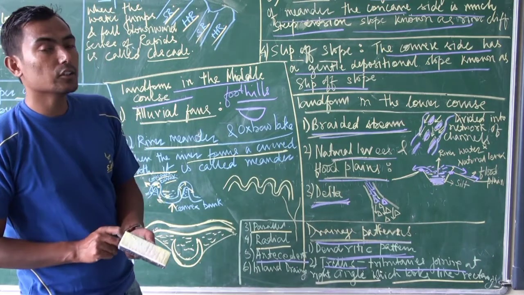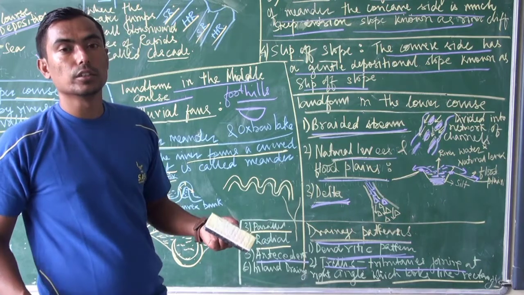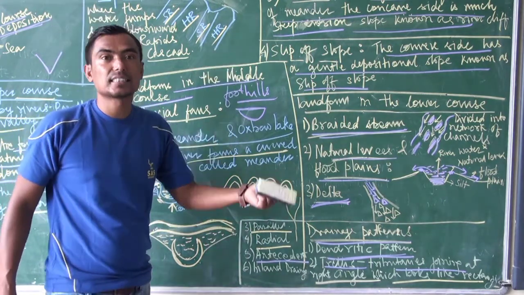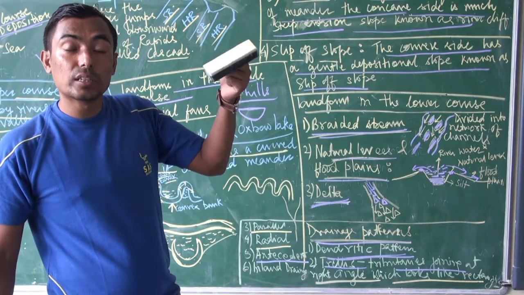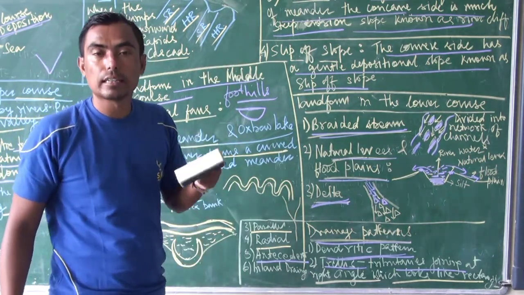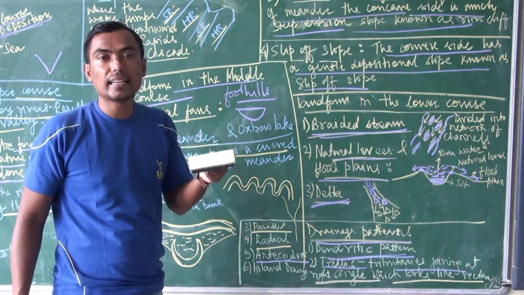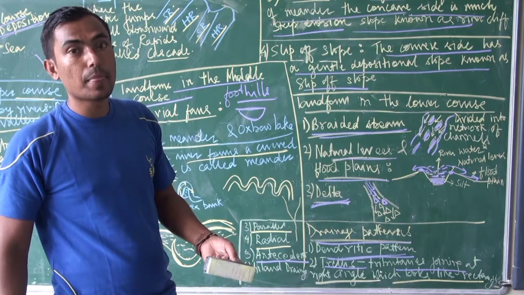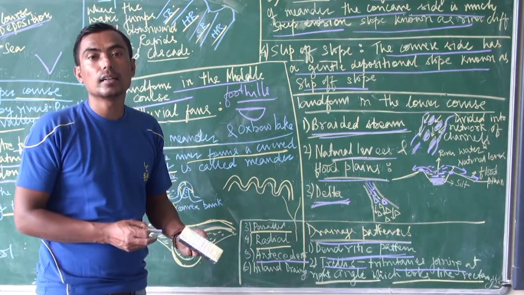Next, antecedent drainage pattern. Antecedent drainage pattern means those rivers which existed before the formation of the Himalayas and which are still present even after the formation of the Himalayas. Those rivers are the river Indus and the river Ganga.